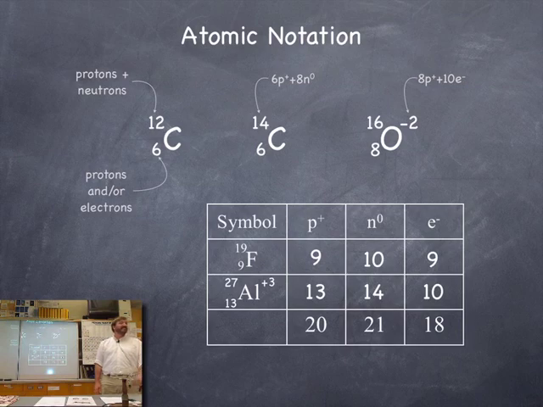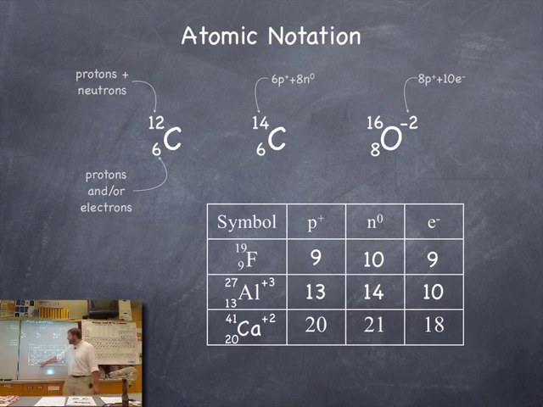Now, is this a neutral atom? What tells me that this is not neutral? Protons and electrons are different. Do I have more positive charge or more negative charge? More positive charge. How much more? 2. So the symbol here is calcium, 41.